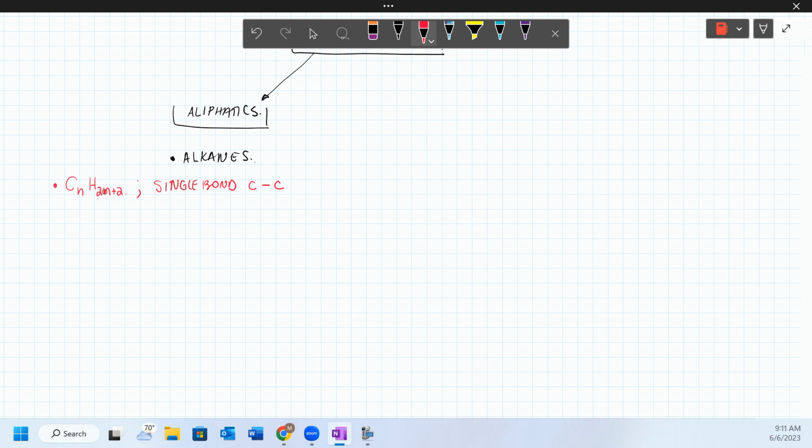Another important thing is that alkanes are saturated. So when we see a hydrocarbon compound that is single bonded, it is an alkane and it is saturated.